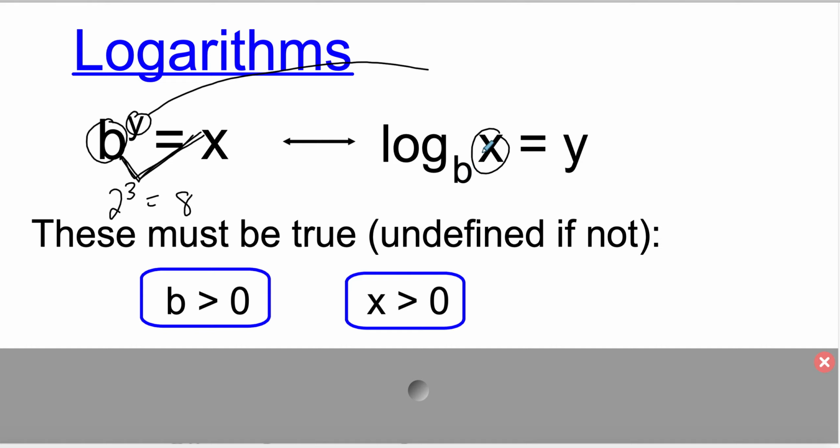You can't turn a regular number into 0 by using some exponent. So we can't have zeros inside of an exponent or inside of a logarithm, and we can't have negatives, because you're never going to have an exponent that turns a number into a negative. I know sometimes we've tried to do that, but that doesn't work that way.